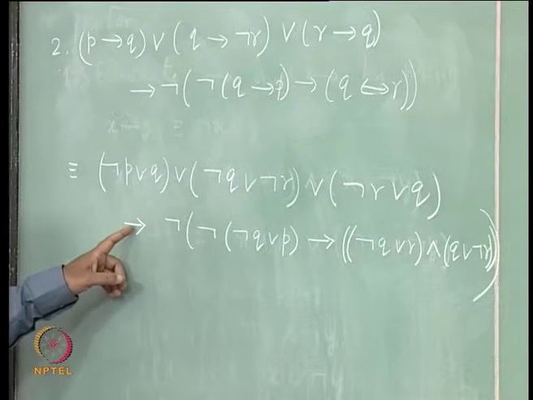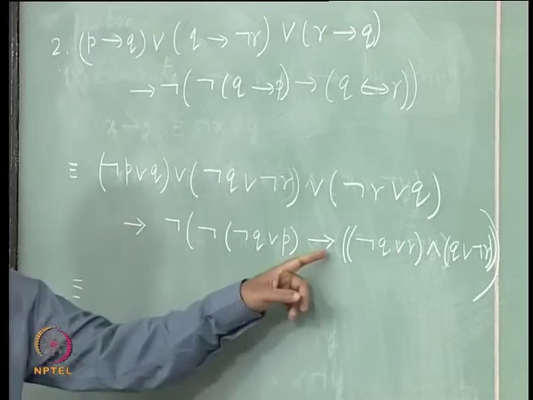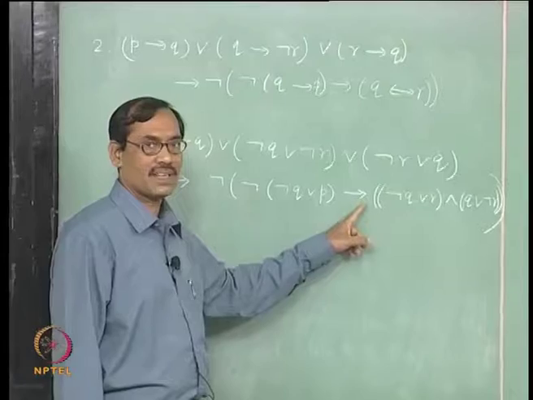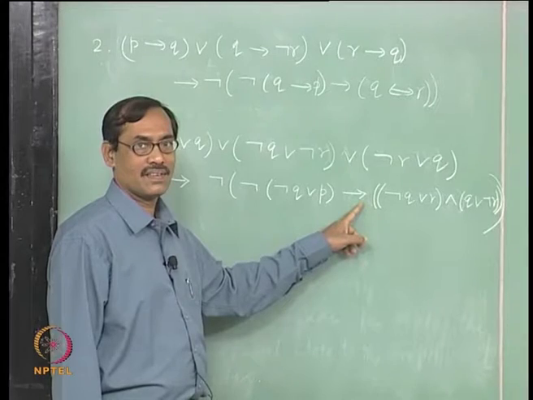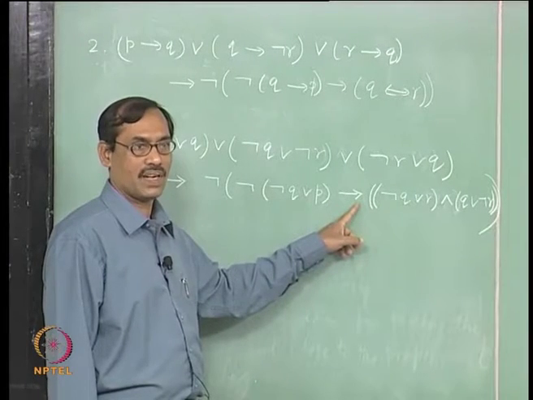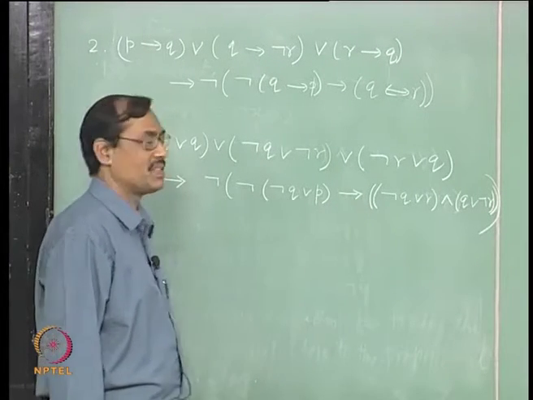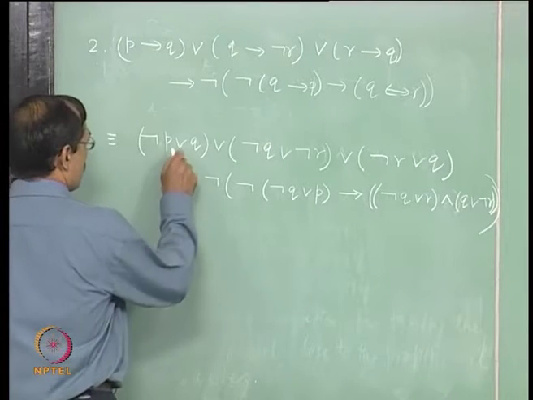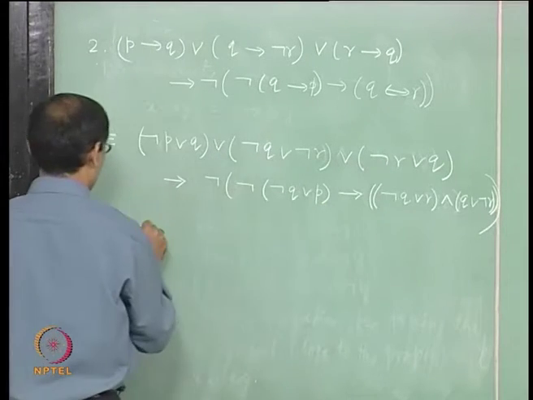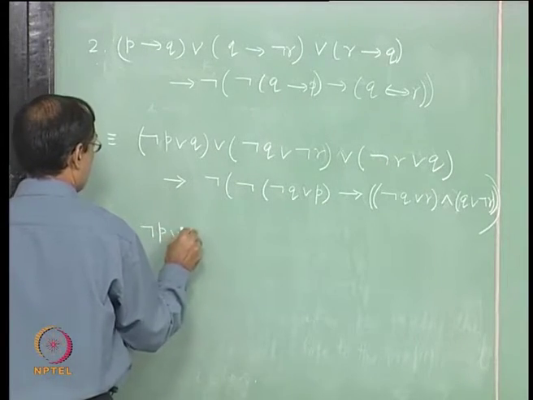So, there is a nested implication, one is here outside, this is say inside. First, let us take care of this. We can take care of both at a time, but let us take care of this first. So, this gives, okay, these are all ORs. So, I can put them together with associativity.